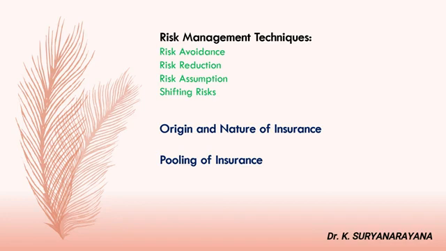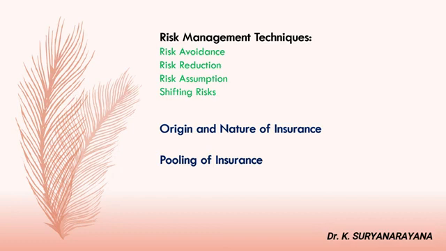Next, let us know about insurance, its origin and nature. Insurance can be defined as a legal contract between two parties. One party, called the insurer, undertakes to pay a fixed amount of money on the happening of a particular event, which may be certain or uncertain.